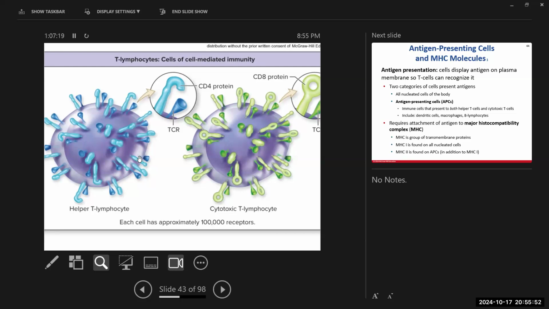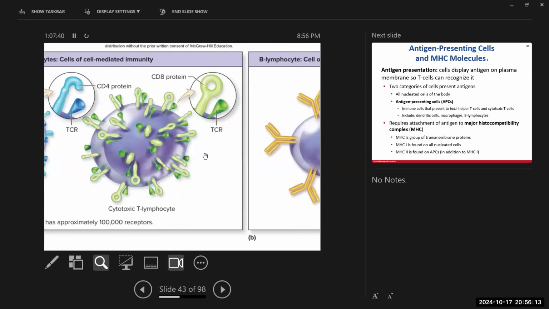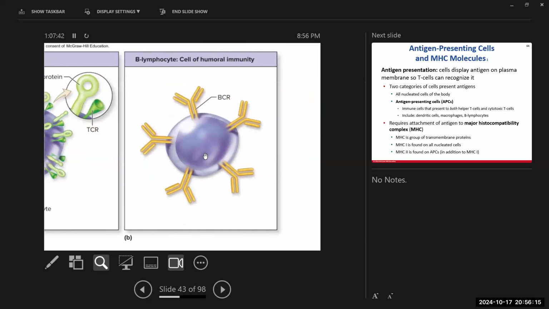On our cytotoxic T lymphocyte, again, we have a T cell receptor. That's going to make the initial contact between the T cell and whatever it is docking with. And then we have our CD8 protein, and that's going to help to stabilize. I'll go into more detail, but I just want you to know you have these two classes of receptors here. And then finally, we have our B lymphocyte.